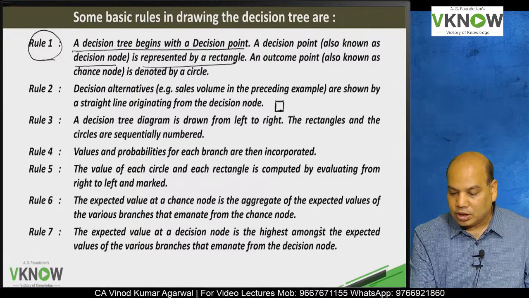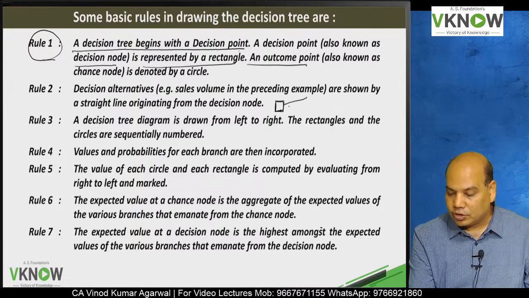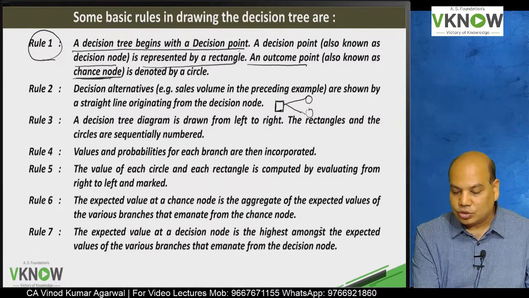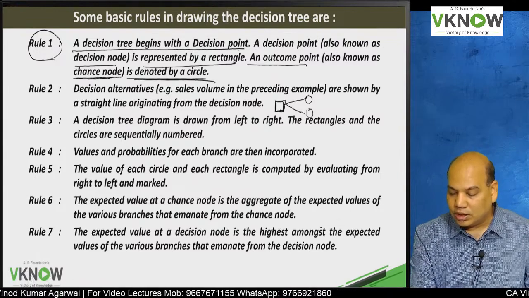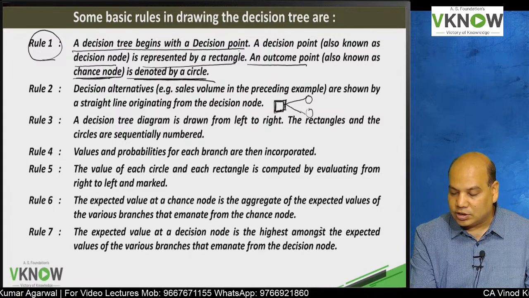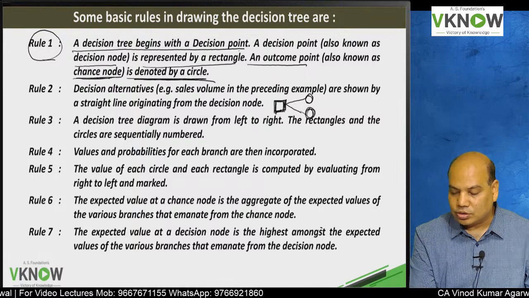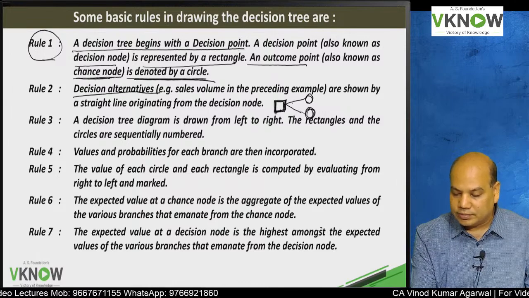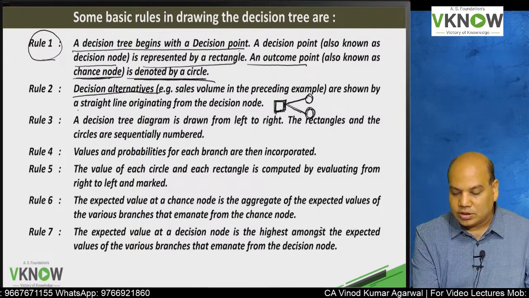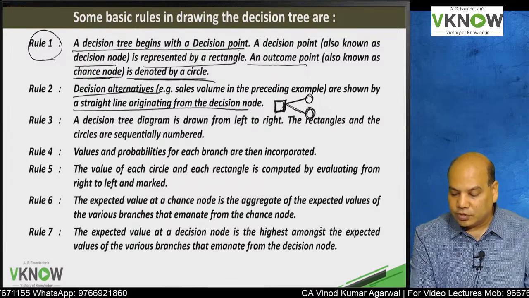An outcome point, once you take a decision there will be an outcome, also called a chance node, is denoted by a circle. So by looking at the diagram, one can understand that these points are decision points, and these points are outcome, chance or consequence points. Then rule 2, decision alternatives, like to do CA or to do MBA, are shown by a straight line originating from the decision node.